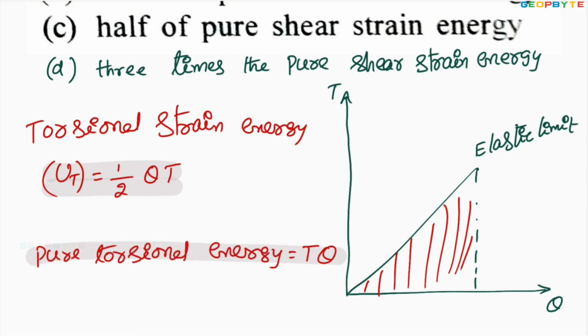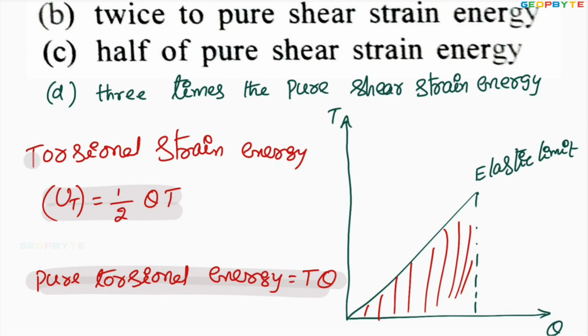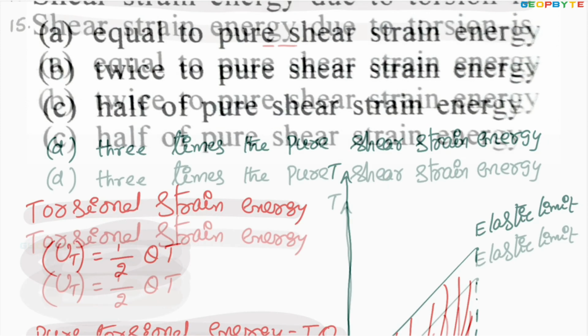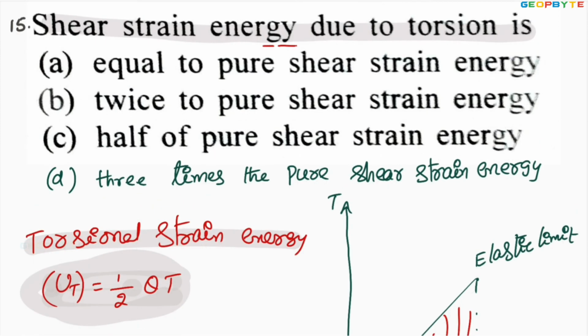This is the pure torsional energy. The torsional strain energy is this one. Now compare these two. The torsional strain energy is half of the pure torsional energy. Look at the options.